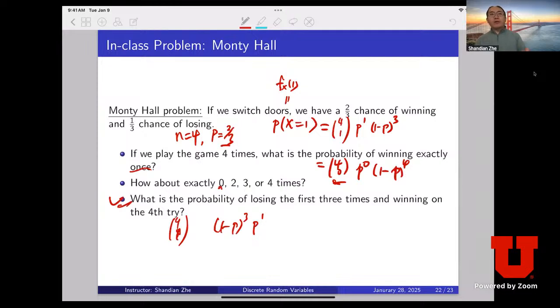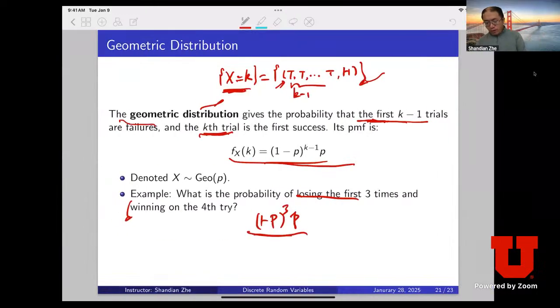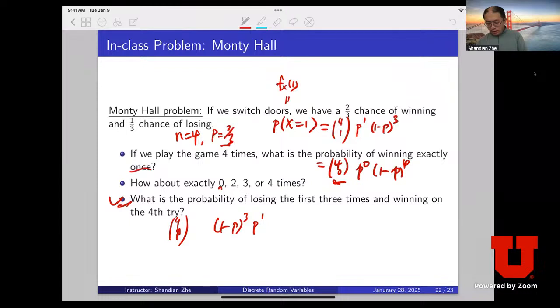We're asking, okay, you keep losing until you win at last trial. In that case, the random variable follows geometric distribution, and this is the probability mass function, right? So when you calculate the PMF, it will be something like this, and there's no constant factor like n choose k. Okay, any questions so far?